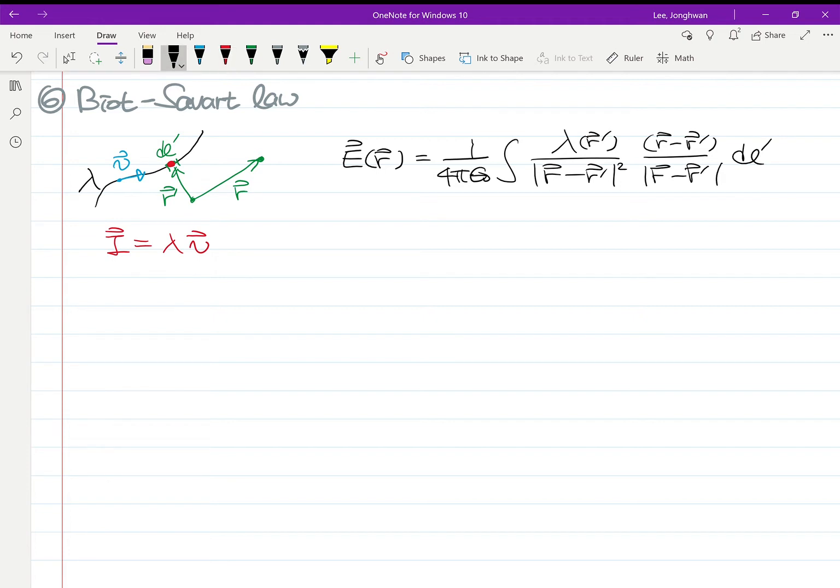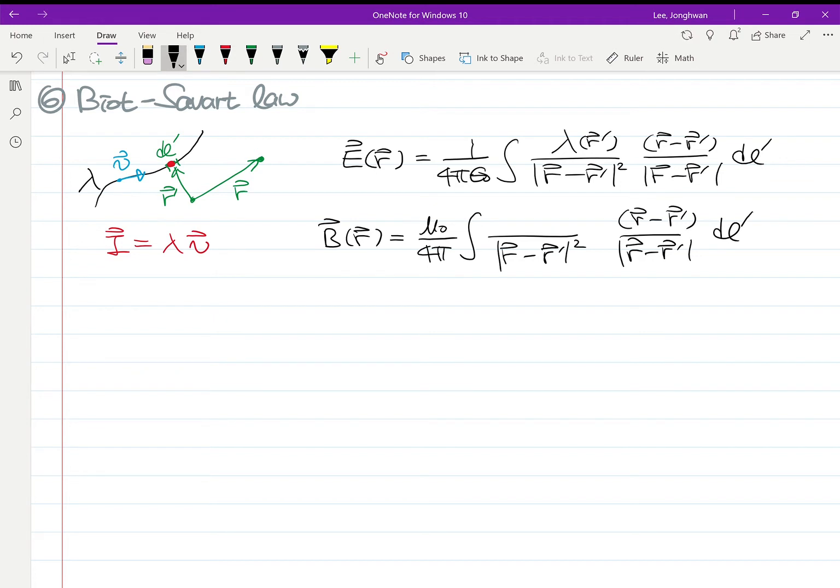And whenever you have a current in space, it generates a B field. So the B field, according to the Biot-Savart law, as measured at measurement point R, will become the same line integral, because we have to add up all the contributions of the small current pieces along the line, so you need a line integral.